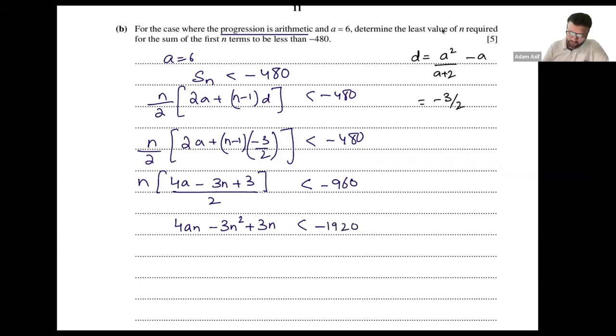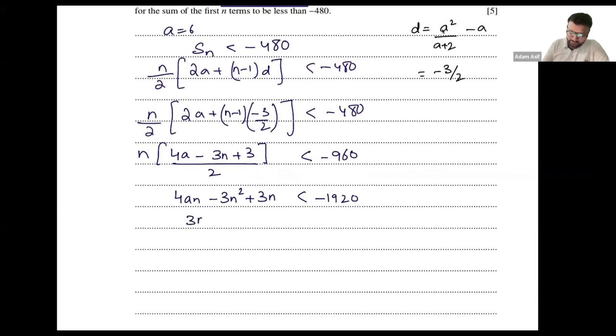Okay, now let's simplify this. We have the a value, right? A value is 6. So 24n minus 3n squared plus 3n less than minus 1920, that is minus 3n squared plus 27n.